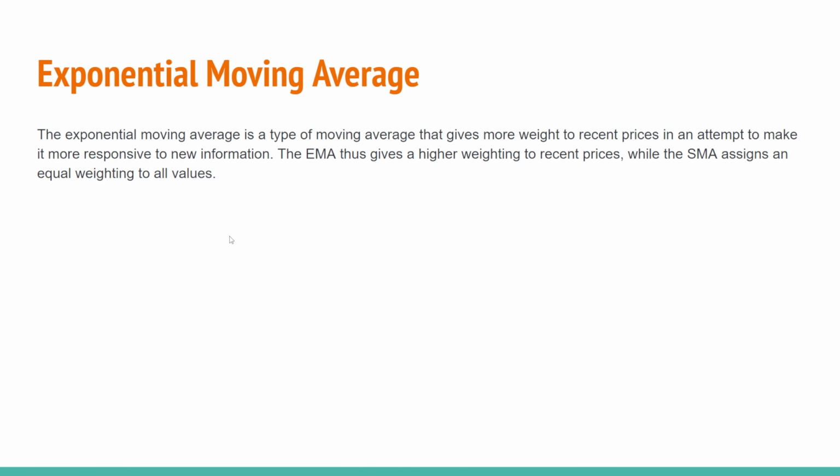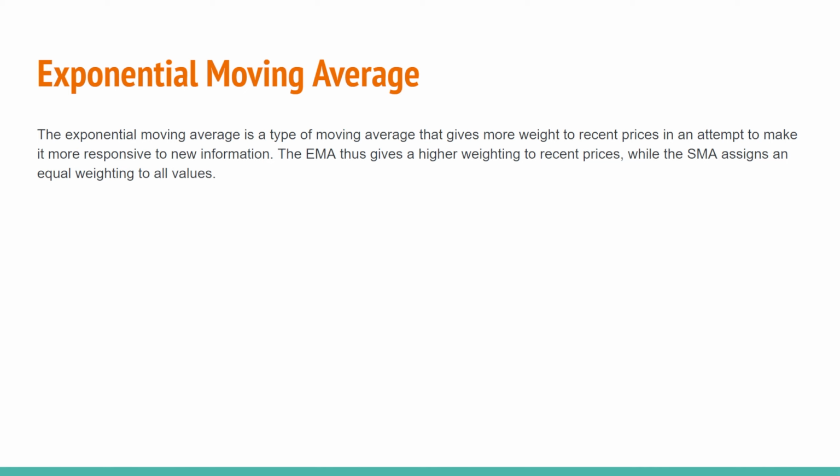Now, the exponential moving average is the one that I personally use. It's the one that I teach to everybody. This is the one I like the best. The reason being is that it actually gives more weight to recent prices, so it's more responsive to new information. And the reason I like that over an SMA or a regular moving average is because I day trade and I scalp.